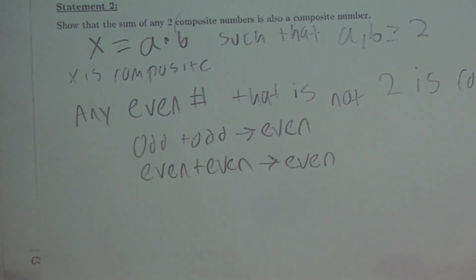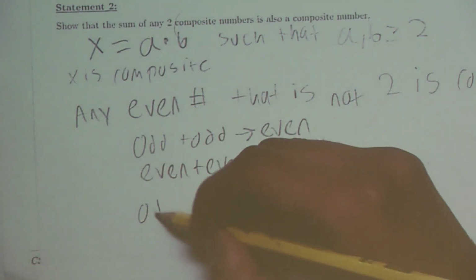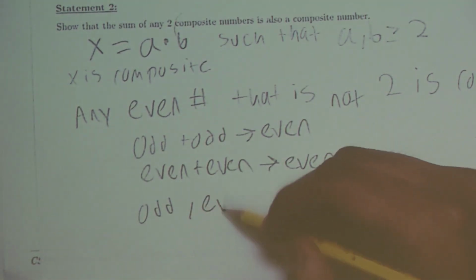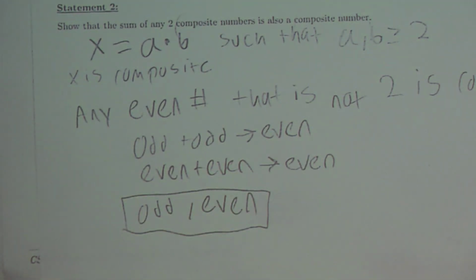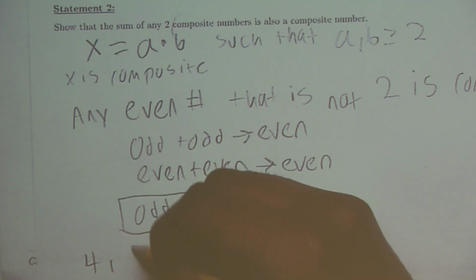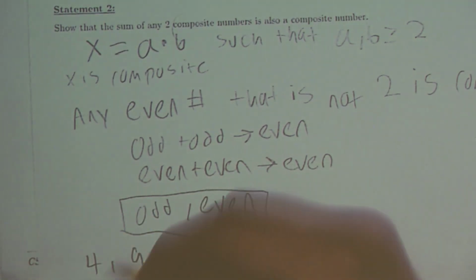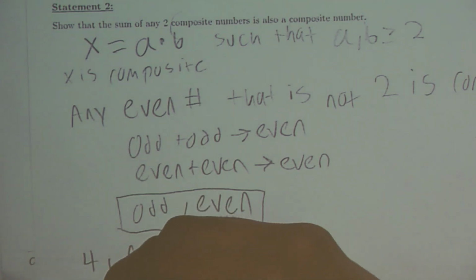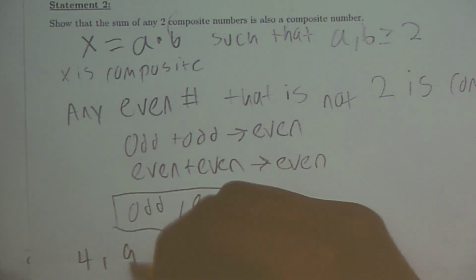So to reduce our search, find an odd composite number and an even composite number. One such example would be 4 and 9. 4 is composite because it has a factor of 2, which is not 1 or 4, and 9 has a factor of 3.